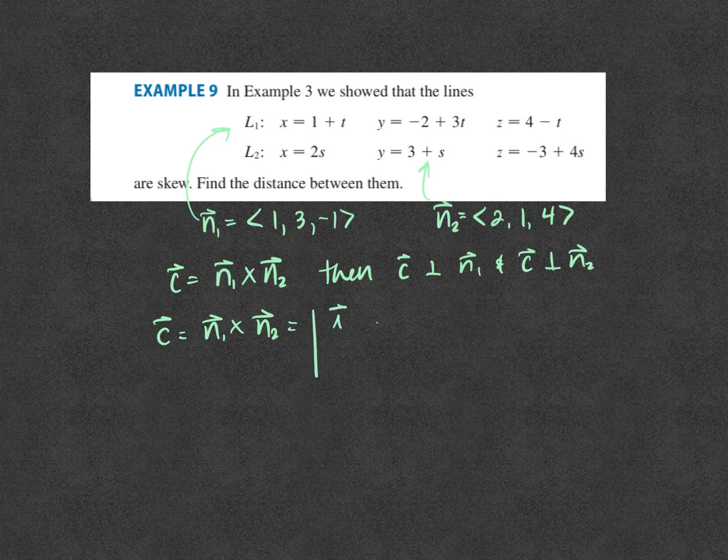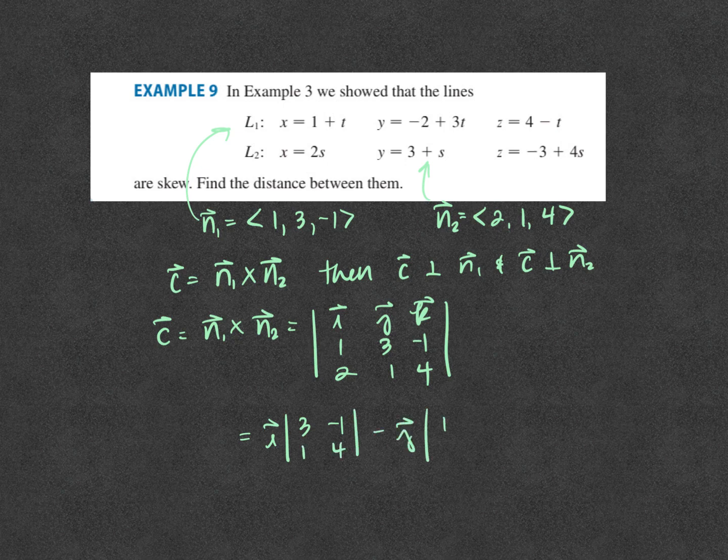We're going back to our beautiful ijk, the cross product from 12.4. And here we have 1, 3, -1, and 2, 1, 4. So we have i times the cofactors of 3, -1, 1, 4, minus j times the cofactors of 1, -1, 2, 4, plus k times the cofactors of 1, 3, 2, 1.